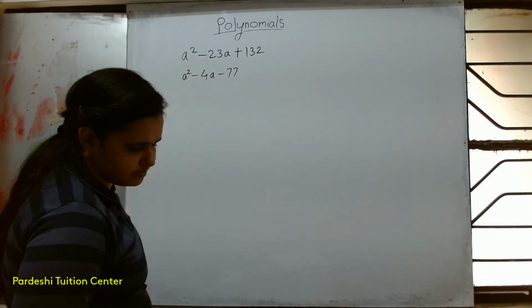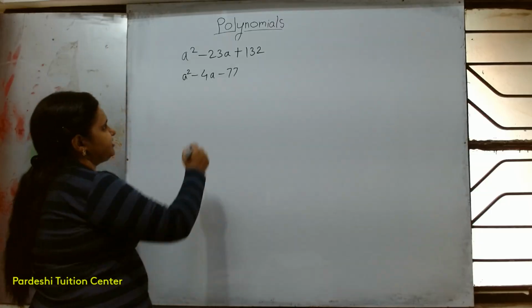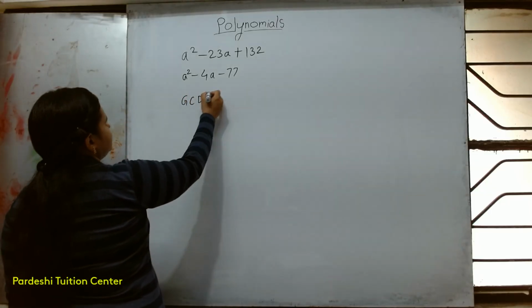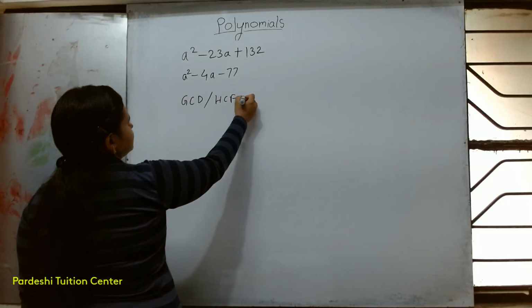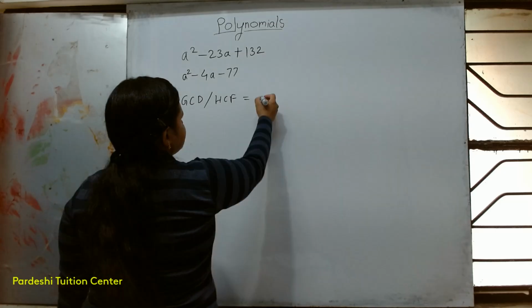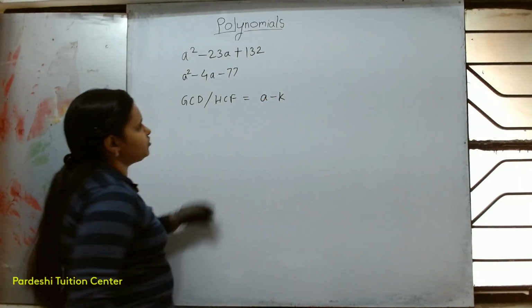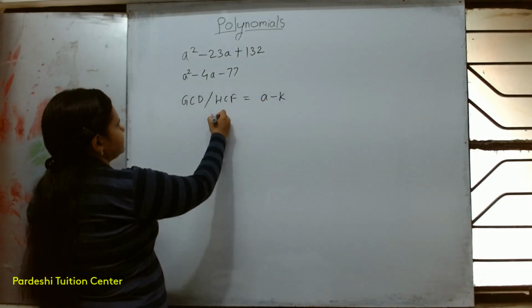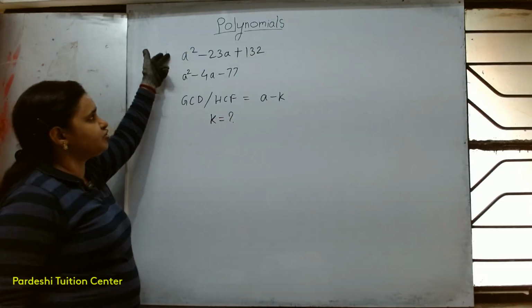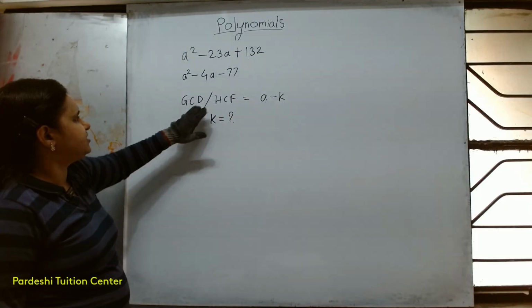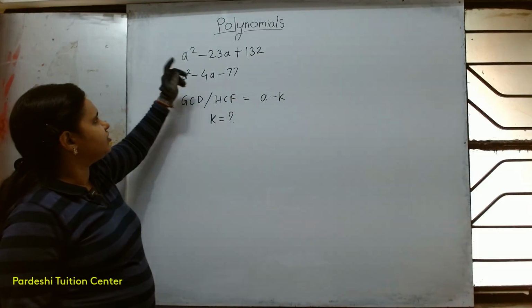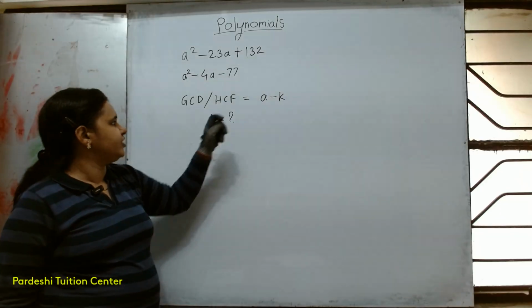And their GCD means HCF. The GCD or HCF is given as a minus k, and we have to calculate the value of k.